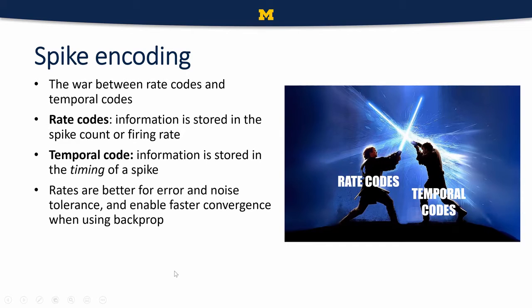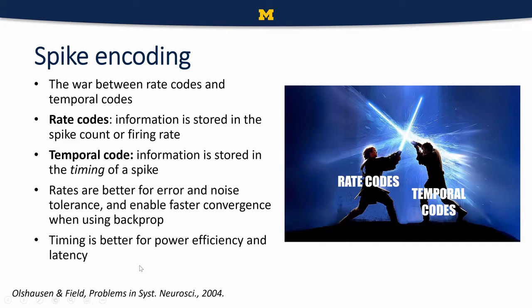And a second practical thing that I've realized in my own experiments is that it actually enables faster convergence when using backpropagation, because with rates, you're encouraging more firing. And if you have more firing in your network, it turns out that you have a stronger gradient signal. And I guess we'll get to that in more detail. At the moment, you'll just need to take my word for it.